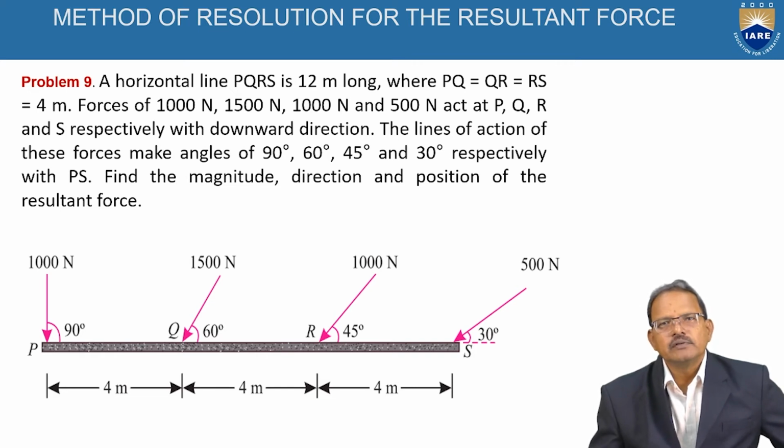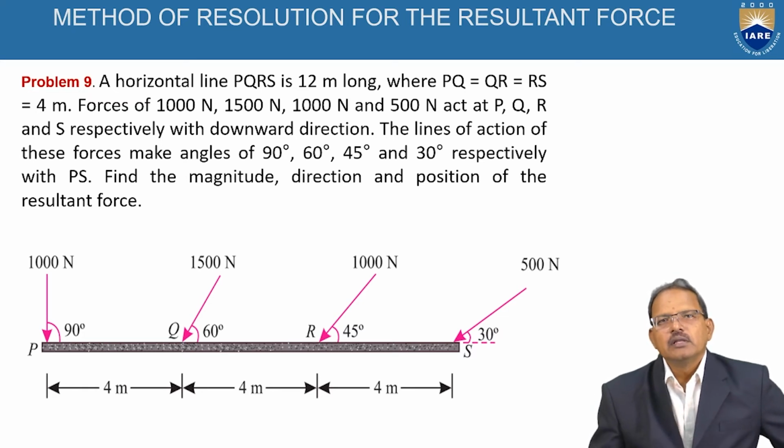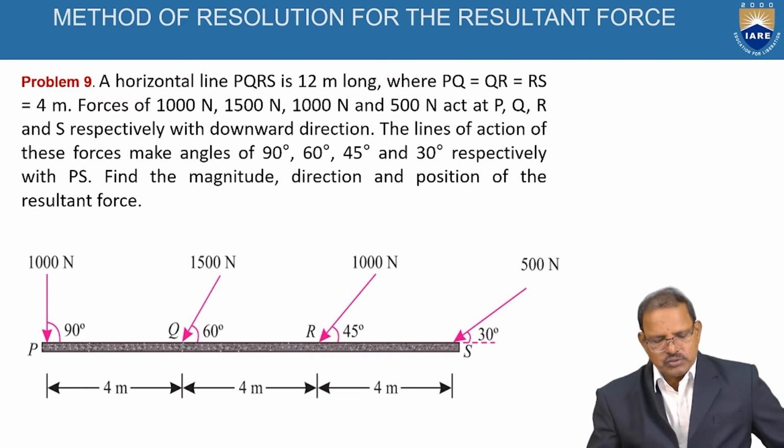The forces of 1000 newtons, 1500 newtons, 1000 newtons and 500 newtons act at P, Q, R, S respectively in downward directions. The lines of action of these forces make angles of 90 degrees, 60 degrees, 45 degrees and 30 degrees respectively with PS. Find the magnitude, direction and position of the resultant force.